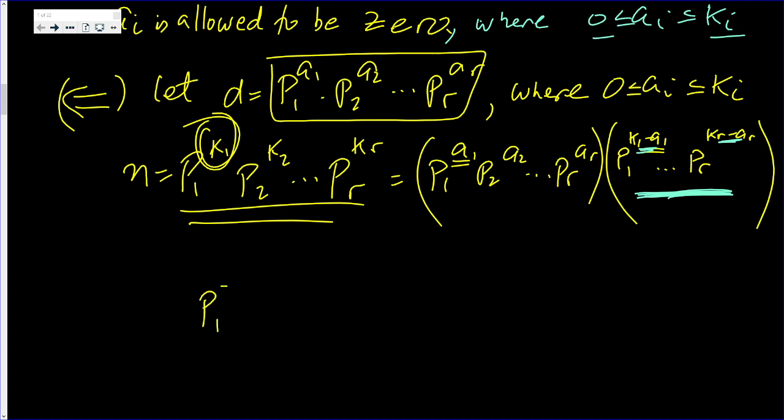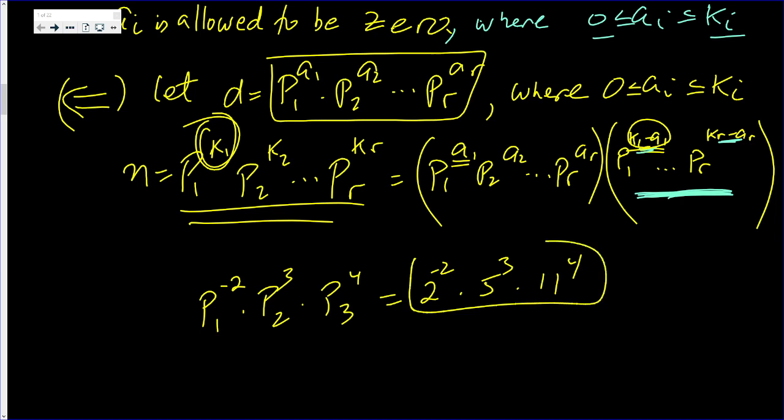If we had p1 to the negative 2, because this was negative, times p sub 2 to the 3 times p sub 3 to the 4, where p1 was 2 and p2 was 5 and p3 was 11. The problem is this is not an integer. It's 5 cubed times 11 to the 4th over 2 squared. And 2 does not have any common factors with 5 and 11.